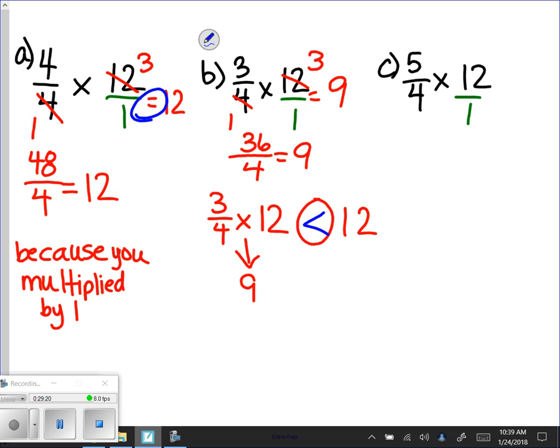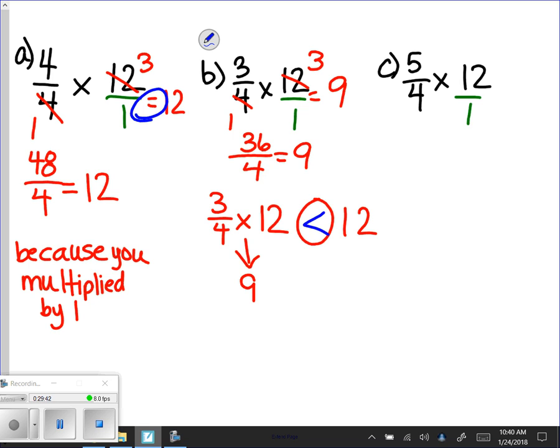When we started off with 12, we ended up with something less than 12. Why? Daniel? Because the number was smaller. No, because the number was smaller than the denominator.